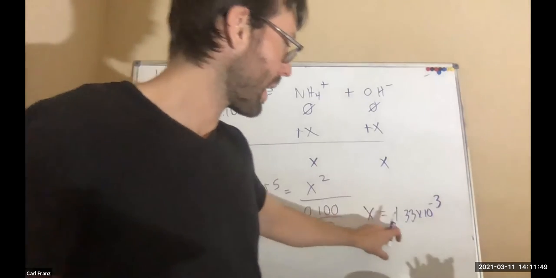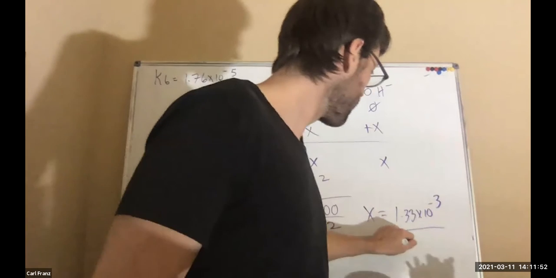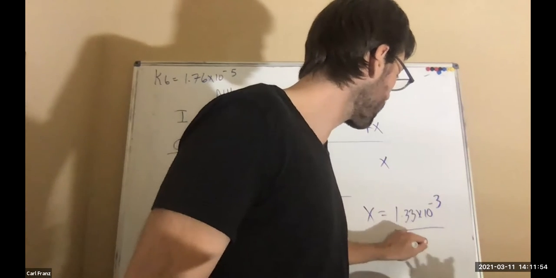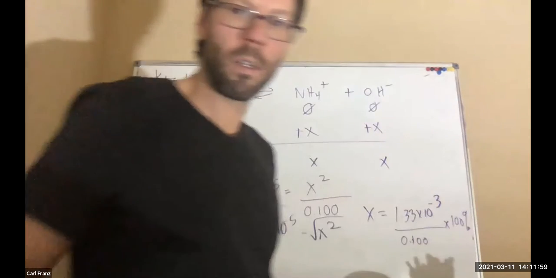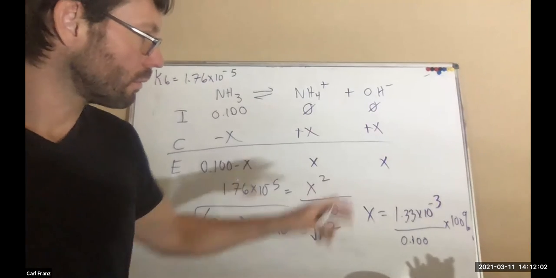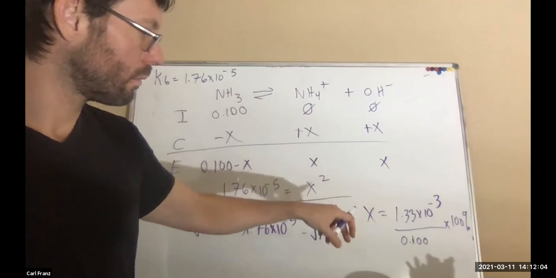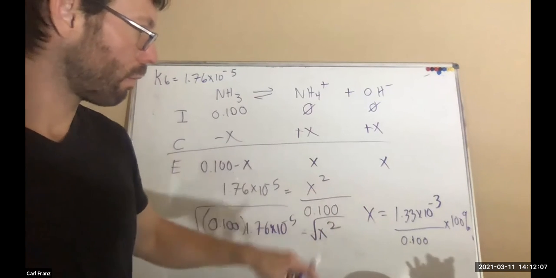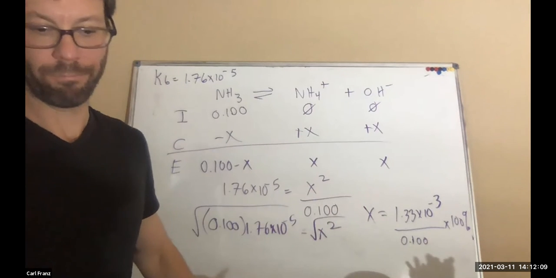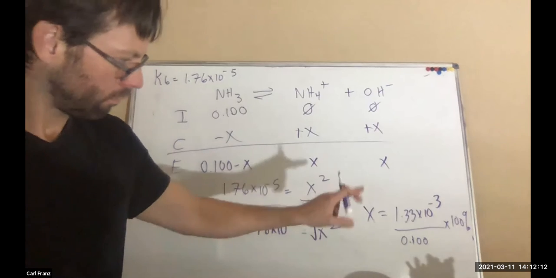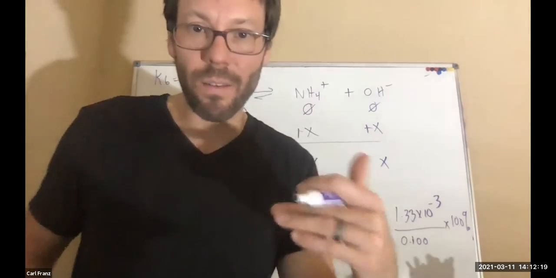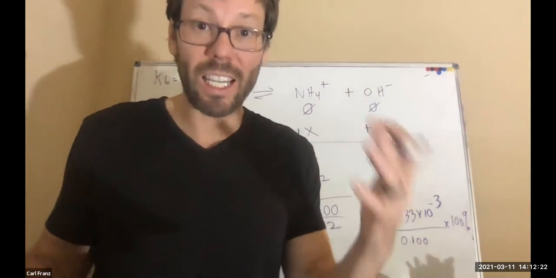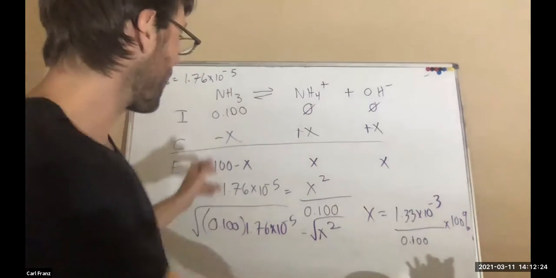So let's take this and divide it by 0.100, multiply by 100%. That should be what? 1.3. 1.3, yep.